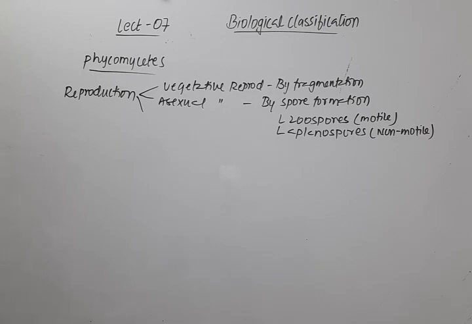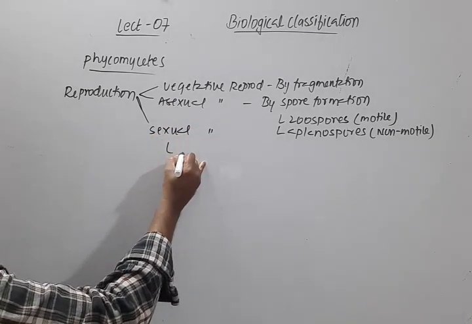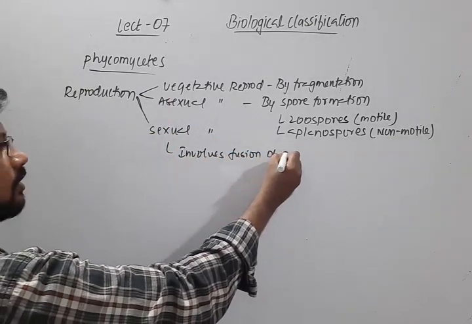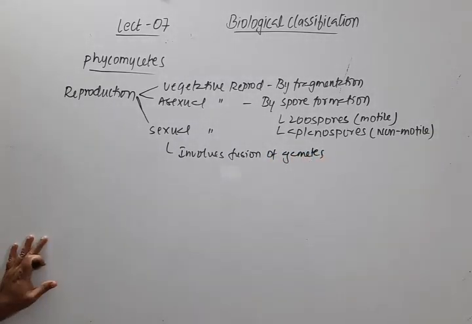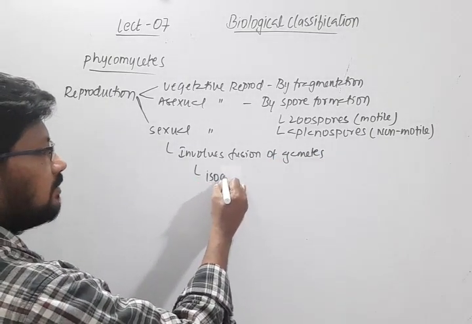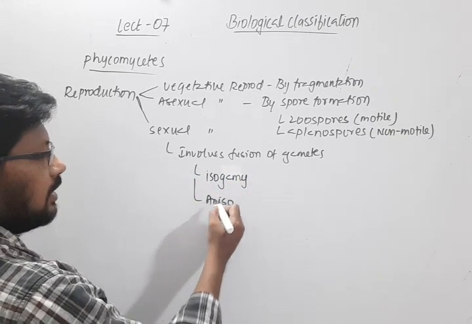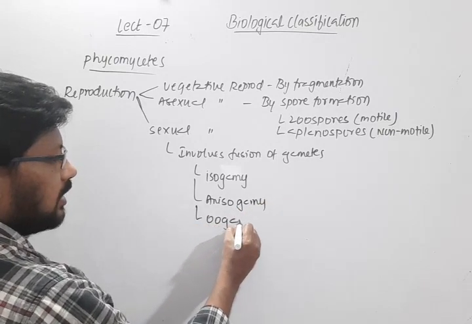Then, coming to the sexual mode of reproduction, it involves the fusion of gametes, and this fusion may be isogamous, isogamy, or anisogamy, or oogamy.